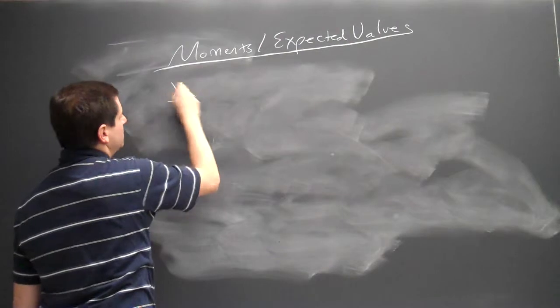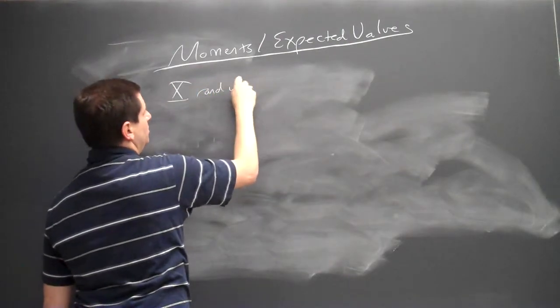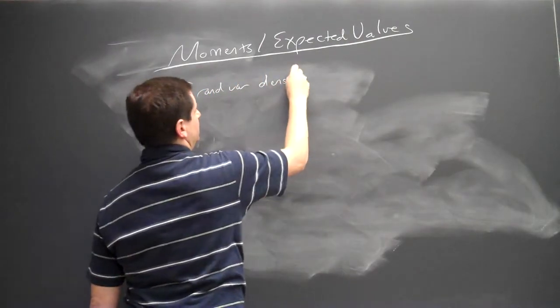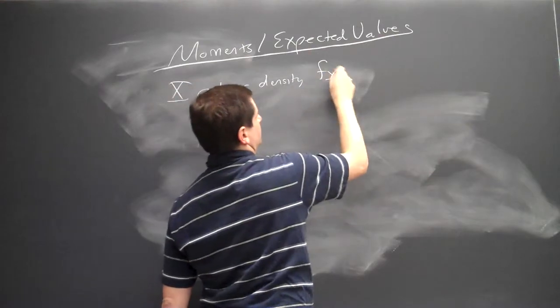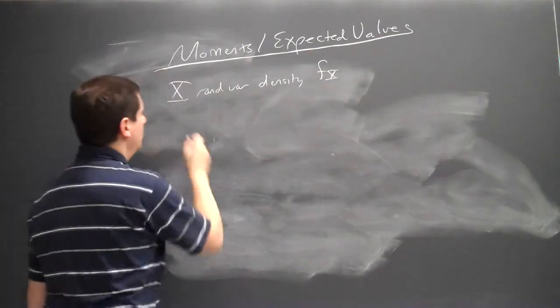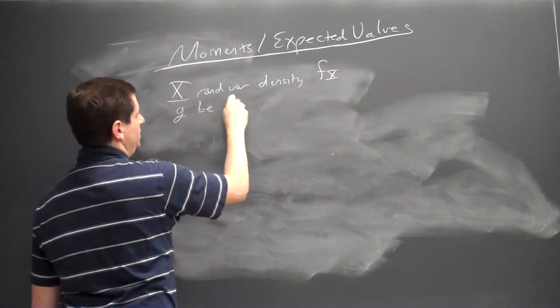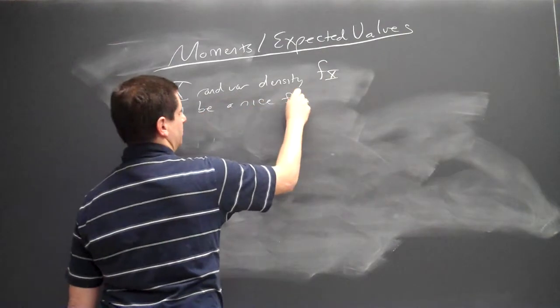So let X be a random variable with density f sub X. Let g be a nice function.